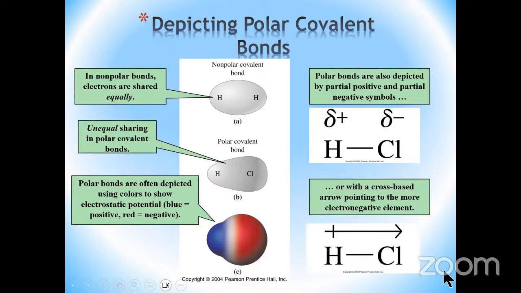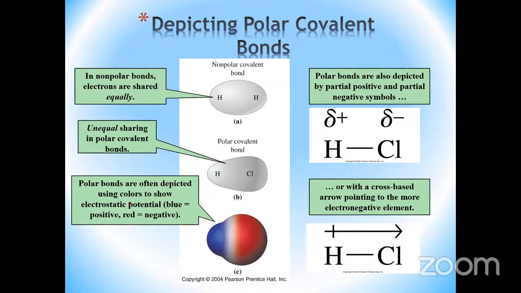Another way of representing the separation of charge is by using this arrow right here with a cross at the tail, right? And the convention that is used when applying this symbolism is that the arrow is pointing from the positive end of the bond to the negative end, right? So that's basically defined as the direction of that separation. And there's a term that is used for the separation of charge within a bond. We call this a dipole.